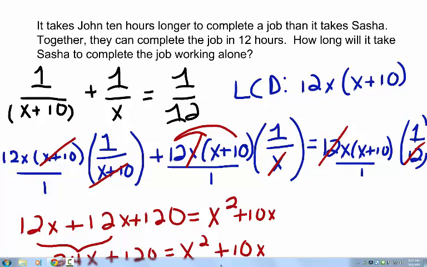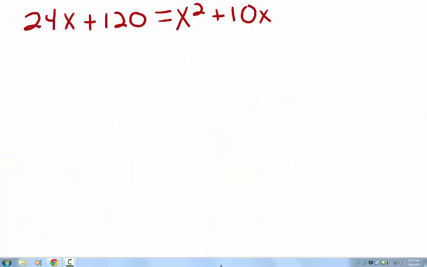Let's start a new whiteboard because we'll need a little extra space to finish the problem. So we have 24X plus 120 equals X squared plus 10X. We will subtract 24X from both sides.